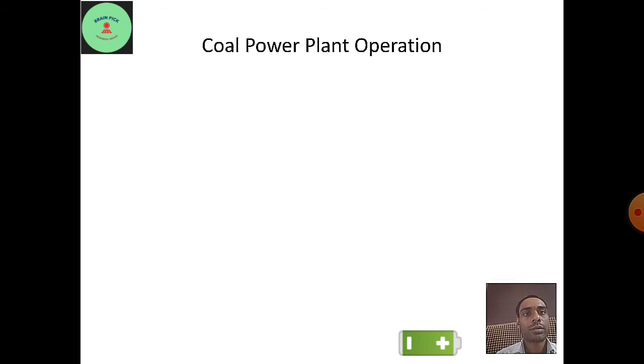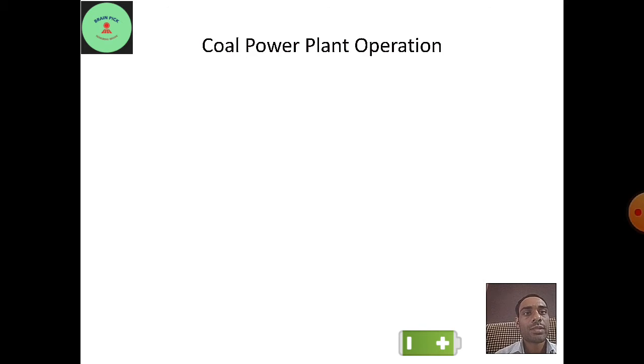So let us start with the first power plant, that is coal plant operation. In this power plant, the fuel used is coal. Basically coal is carbon composition, and when it is burned it gives heat energy. So the basic operation is: when coal is burned, heat is produced, and that heat is used to raise steam.